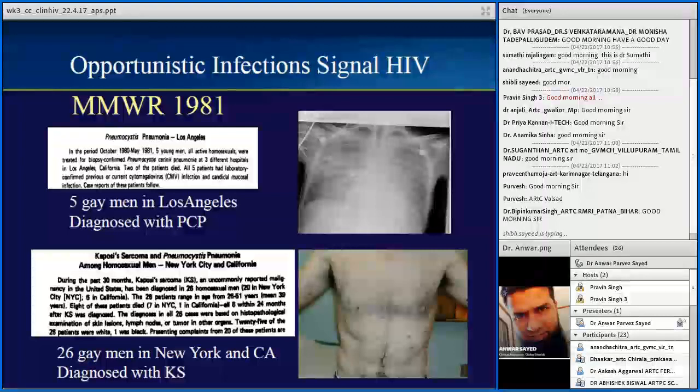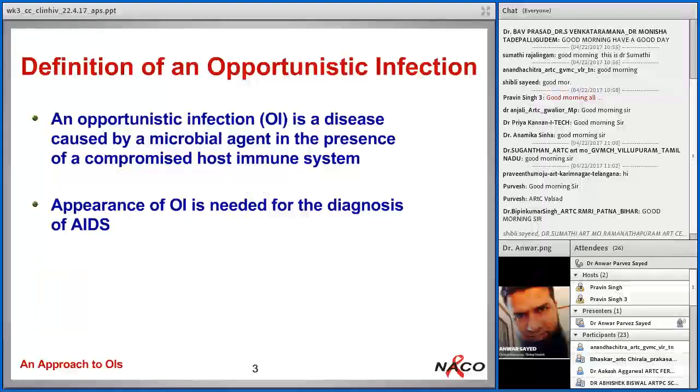This is an immunodeficiency caused by a virus, later named HIV, which lets those uncommon infections attack people who acquire the virus. This started from 1981, when OIs were first documented.